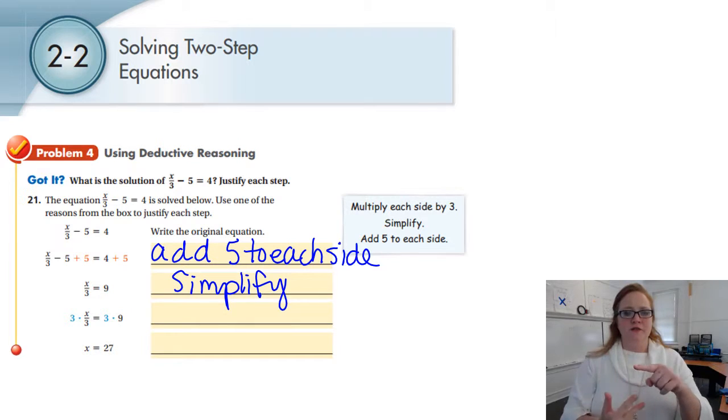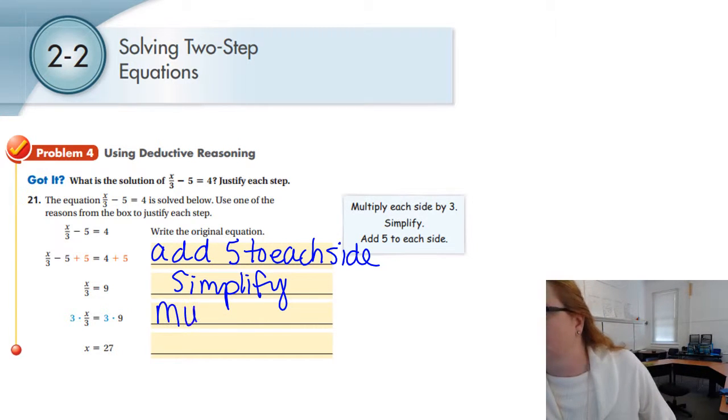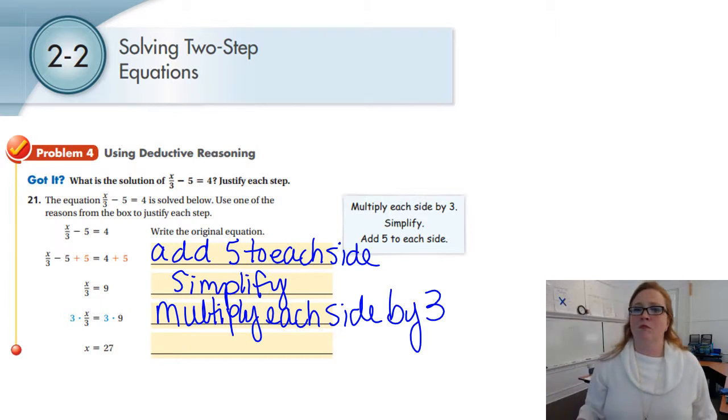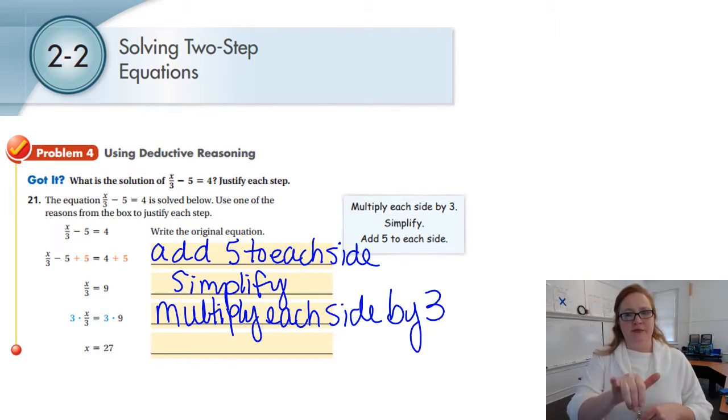Now we have x over 3 equals 9. X was divided by 3. The opposite of dividing by 3 is multiplying by 3. In the blue, as you can see, you need to multiply each side by 3. And the last step to get the answer is simplify.